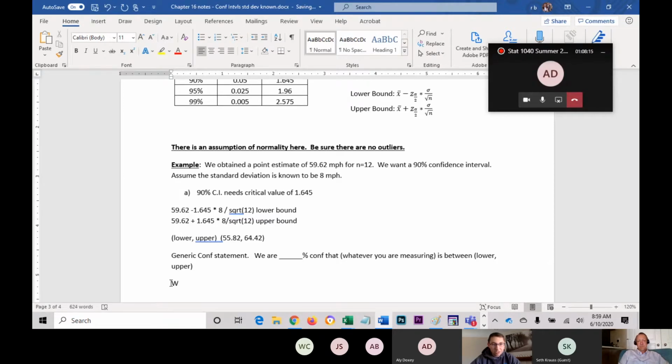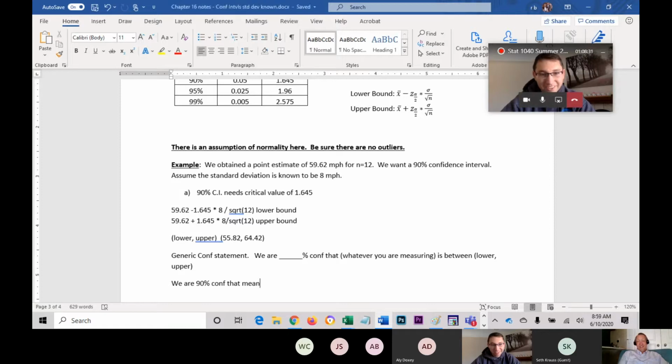So it would be something along the lines of, we are 90% confident that the mean speed on this road or this highway is between 55.82 miles per hour to 64.42 miles per hour. I meant to say the mean speed, not the average speed. Sorry.